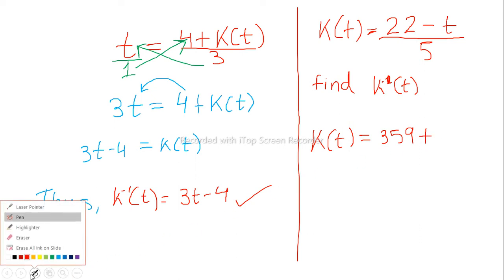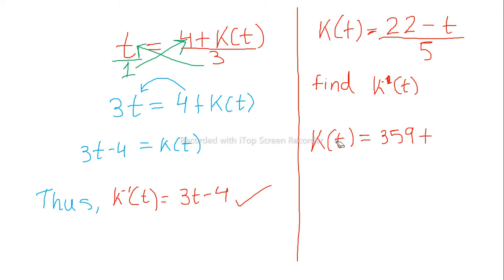Let's change the variable. Let's say it was k of s, and let's say this is 359 plus s over 1,000. Find k inverse of s.